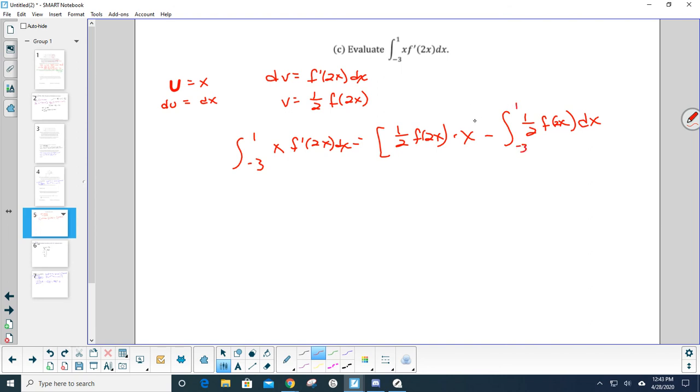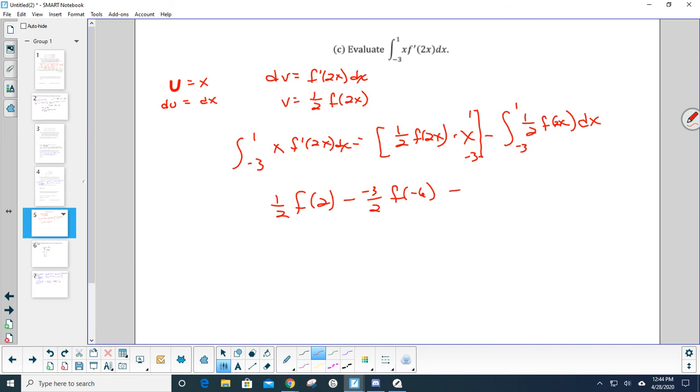So I'm doing the same thing right here from the -3 to 1. So let me kind of do that. This is kind of one piece I'm doing by itself. Here's the other piece I'm doing by itself. So if I have 1/2 f of 2 minus -3/2 f of -6, that's just where I'm subbing in my 1 and subbing in my -3, minus.